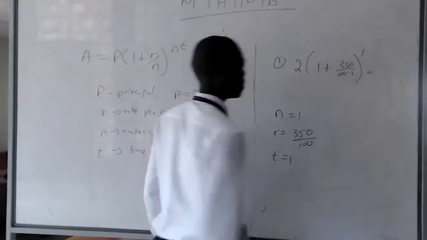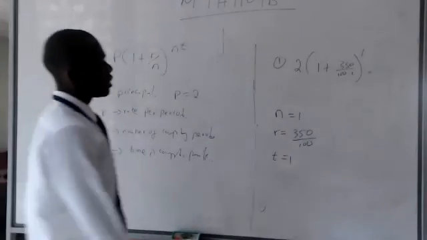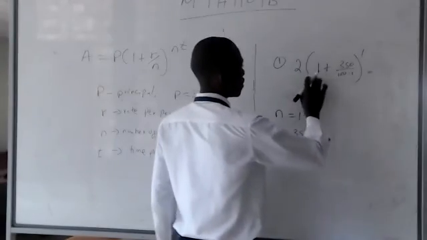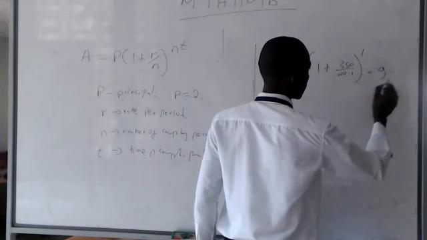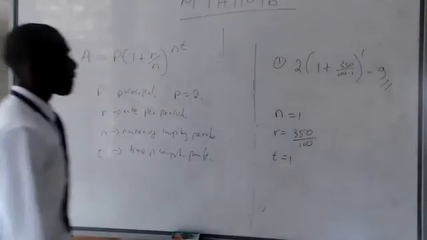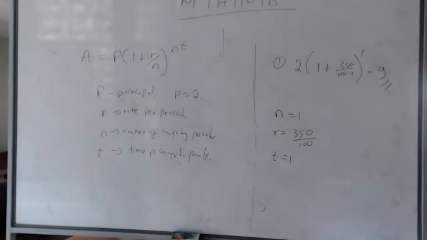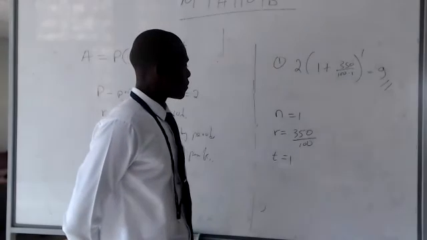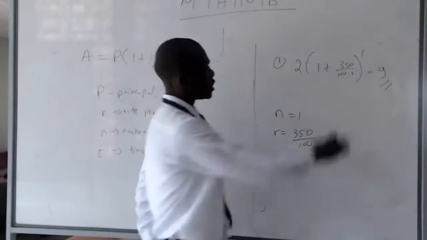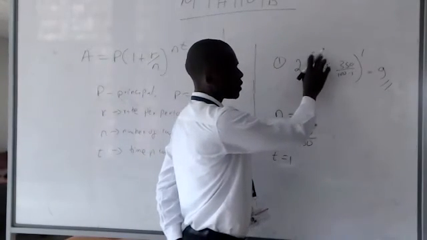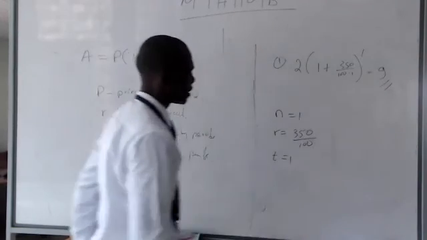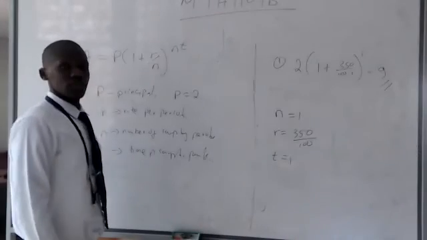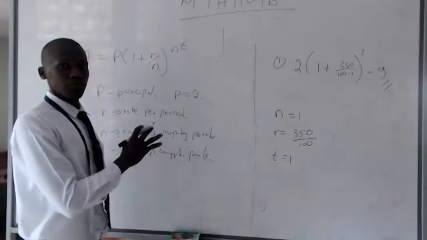What does this give you? Well, this is 3.5 plus 1, 4.5. 4.5 times 2 is 9. Any question on this problem?